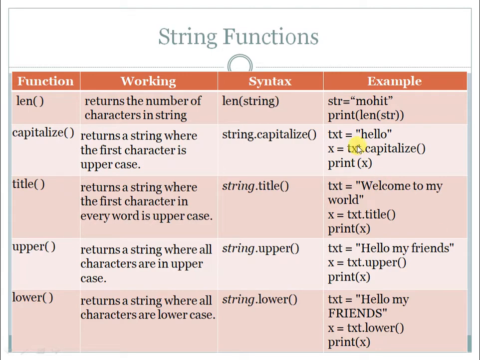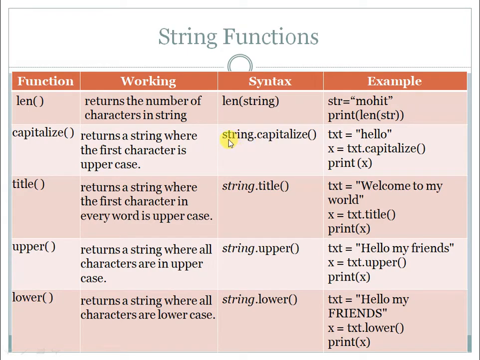Please note, the length function has the string as its argument, whereas the remaining functions that we are discussing are used with string objects: object name dot function. Please note this. This is very important. Here the length function takes a string as an argument because it does not belong to the string class. But these functions where we work with a string object all belong to the string class.